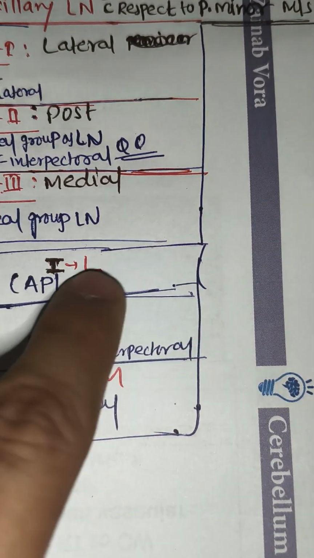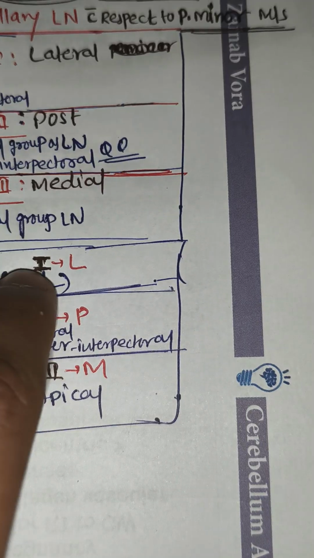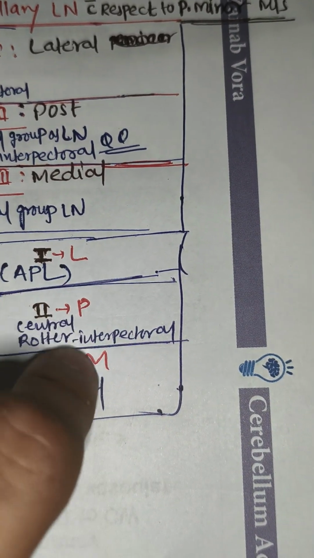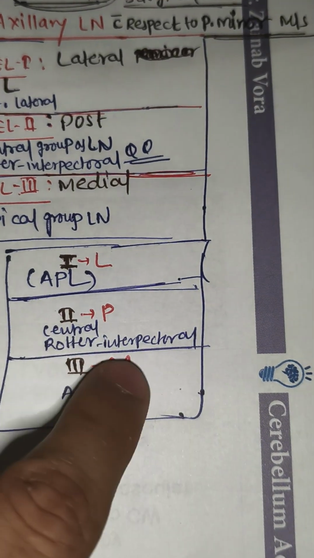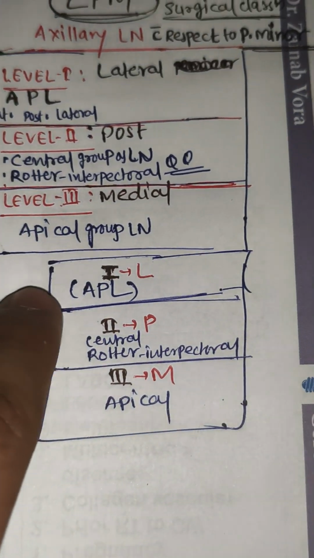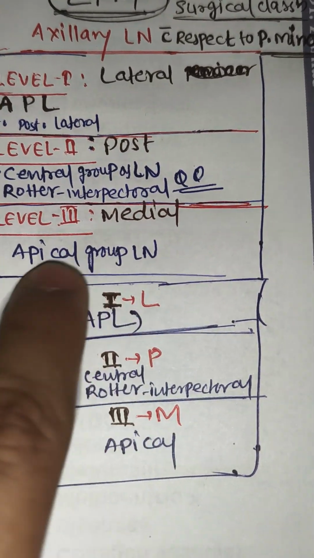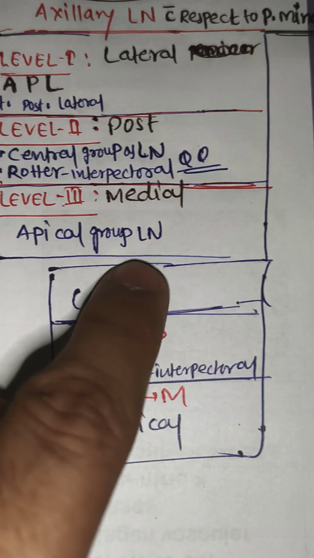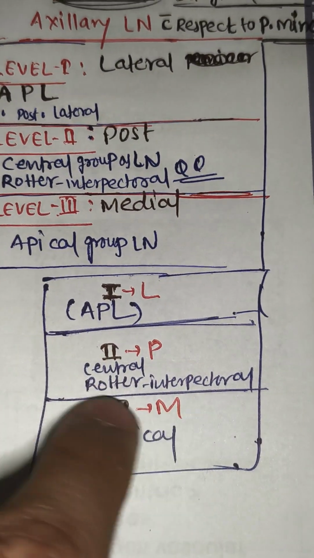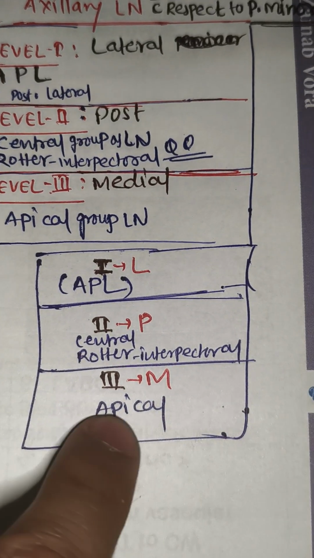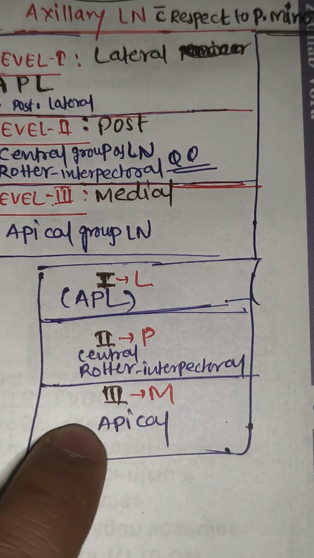Level 1 looks like L, so we can say LPM: lateral, 2 is posterior, 3 is medial. And if they are asking which nodes are included: anterior, posterior, lateral in 1; central and Rotter's interpectoral in 2; and 3 is apical. Thank you.